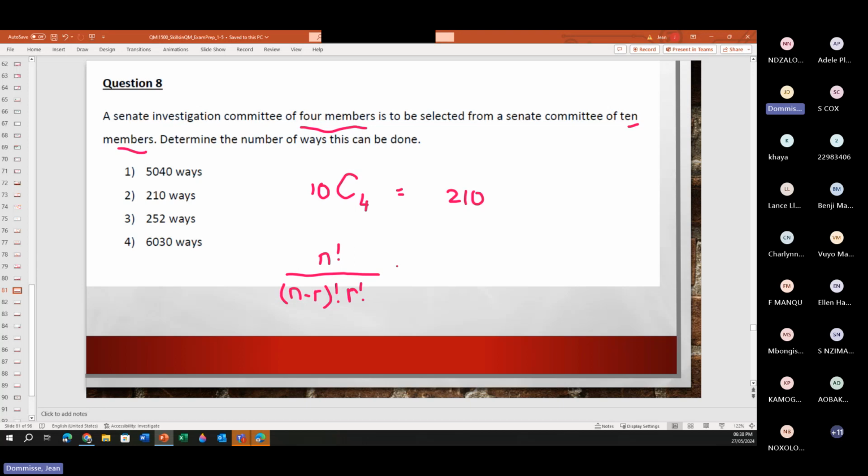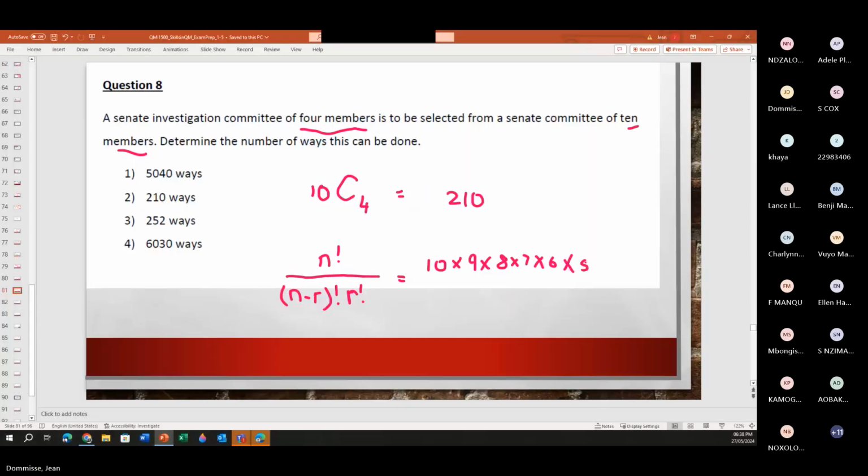So let's just do that. You can see at the top, n factorial is 10 factorial. We're not going to multiply it all out; we will be able to cancel a few out, so don't worry.